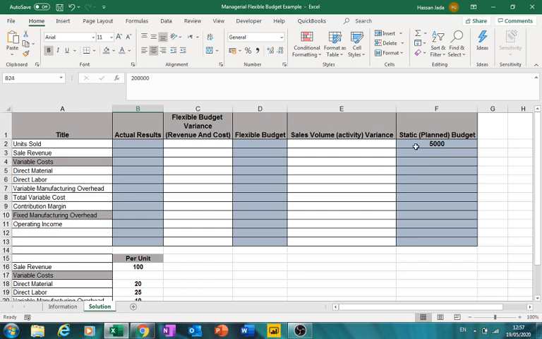Then we want to prepare a static budget for the year 2021, for example.